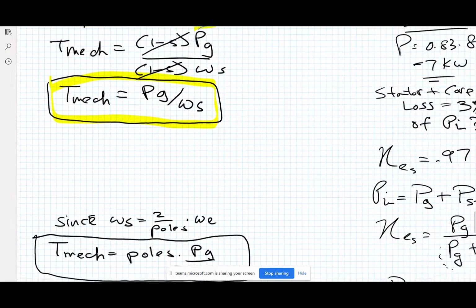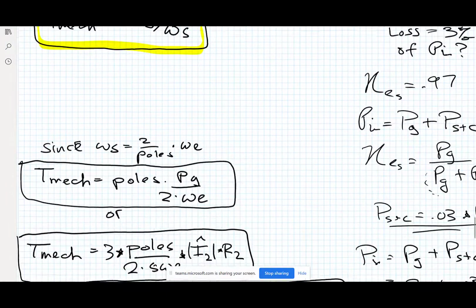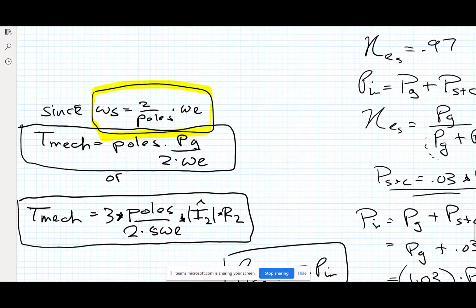And I can take this even a little bit further here. You remember that I know the relationship between synchronous speed and electrical frequency. It's 2 over poles times omega E. And so the mechanical torque can be given in terms of gap power divided by 2 over poles times omega E.